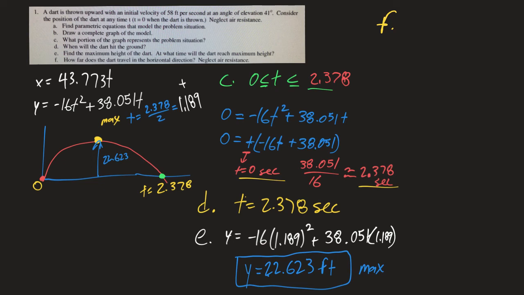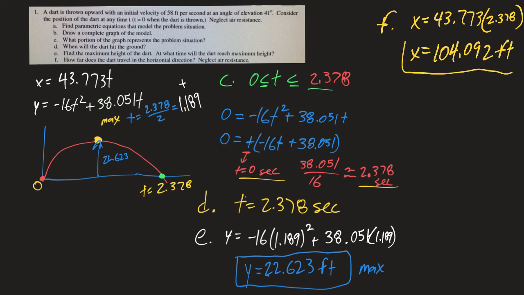So this is F. X equals, and we'll use that equation that we got, 43.773, and we're going to plug in that final t value that we had, 2.378, when we hit the ground. Okay, so we just plug this in our calculator, and we get that your distance equals 104.092 feet. Okay, horizontally, that's how far you travel.